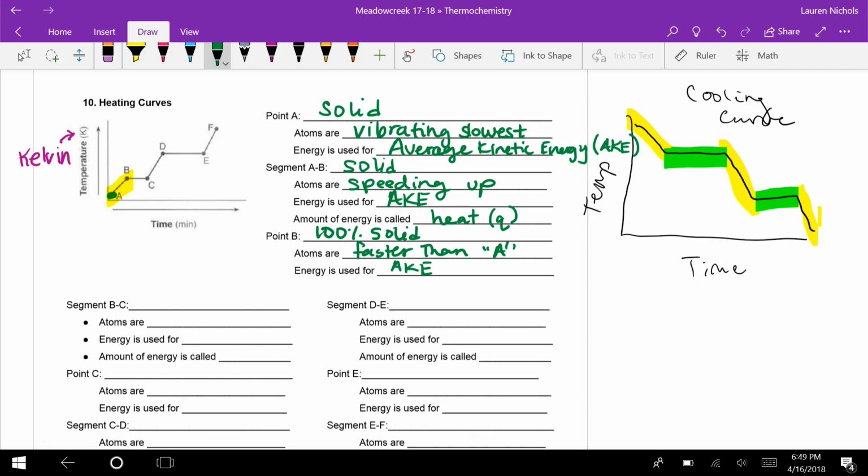All we've done is speed up, but when we get to this flat segment here, that is where things start to change. We see this segment and we say, man, that's flat.